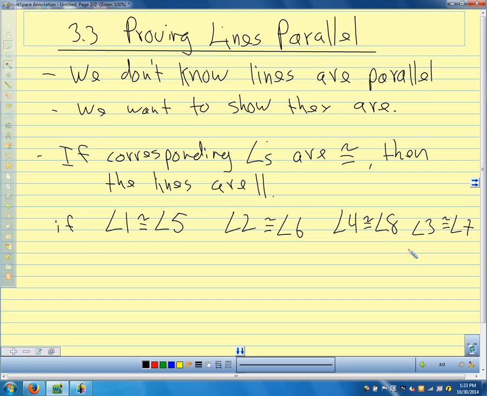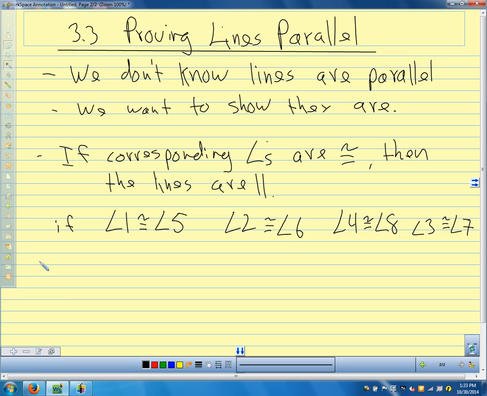If any of these are true, that guarantees us that the lines are parallel. So if we can figure out the corresponding angles are congruent, that guarantees us that the lines are parallel. So just the reverse of what we did the other day. Okay. All good with that information?